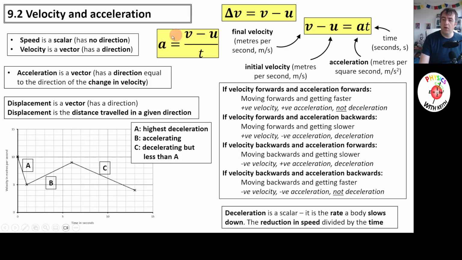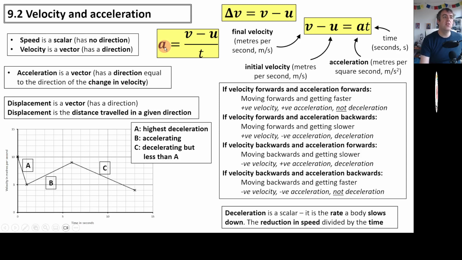If we have a positive change in velocity, we have a positive acceleration. Now, we're just considering here direction along a line, and that's about as complicated as it gets at GCSE level. When you do move on to A level, we will be looking at 2- and 3-dimensional acceleration vectors. But for now, 1-dimensional acceleration vector, we've got forward is positive, backwards is negative, that's fine. We don't need to go too complicated.